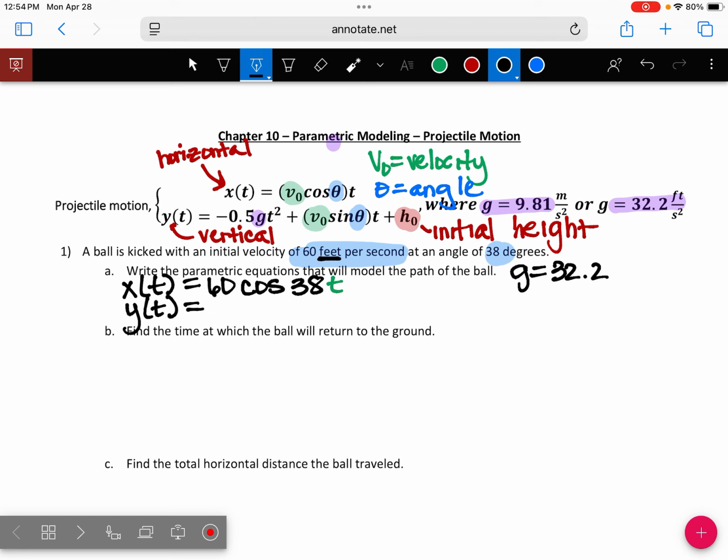Okay, so for my second equation, I have to start by multiplying G by negative 0.5. Take your calculator, take 32.2 and multiply it by negative 0.5.